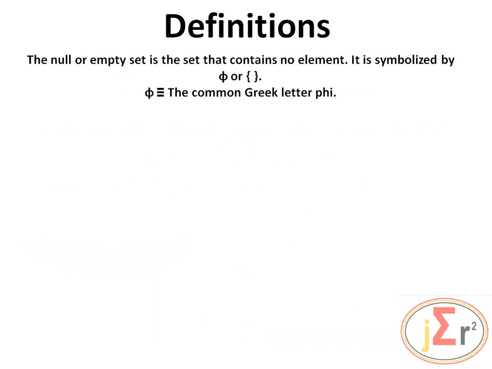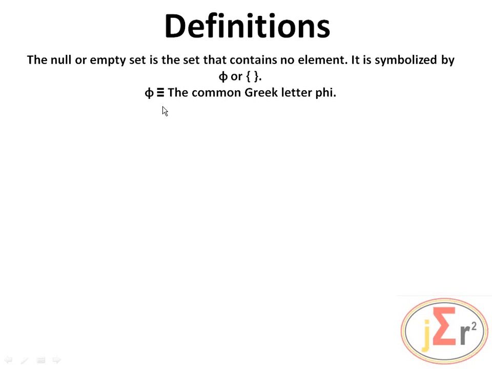The null or empty set is a set that contains no element. It is symbolized by this symbol, the common Greek letter phi, or we will symbolize the empty set by having the brackets with no element in between.